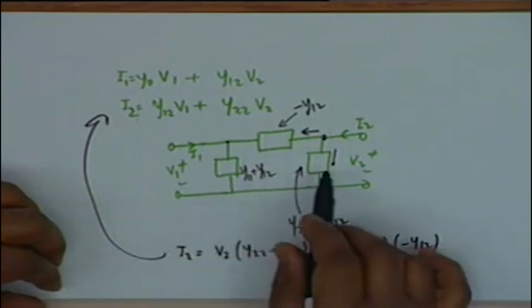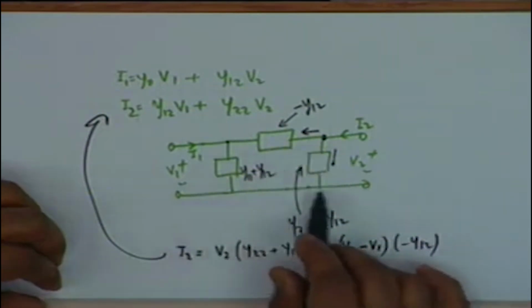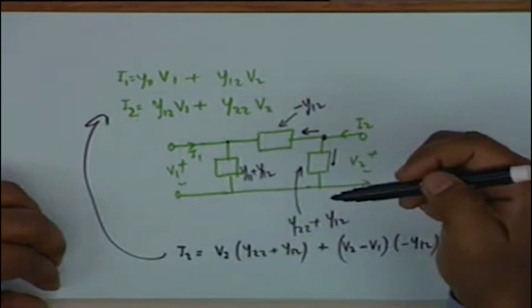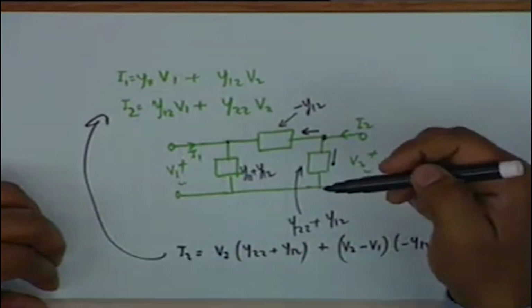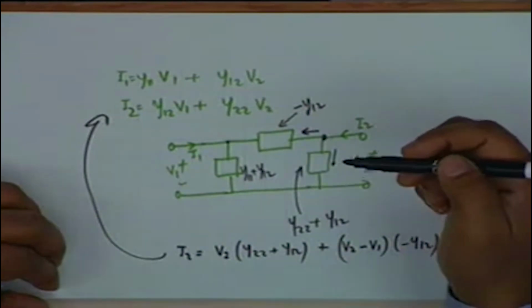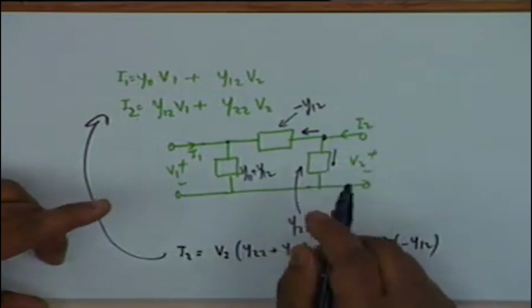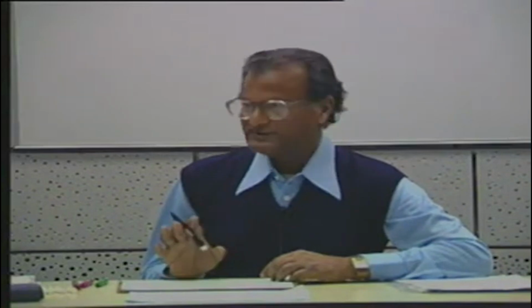So this is an equivalent model for the mathematical equations, but not of the original network. The reason is that this is 3 terminal and the original network was 4 terminal. If the original network was also 3 terminal, then this would have been truly an equivalent model of the original circuit. Is the distinction clear?